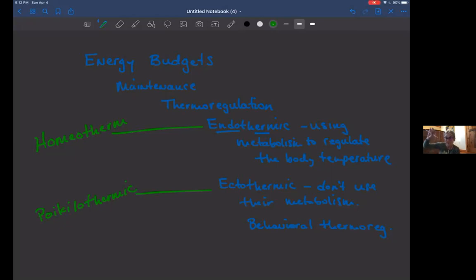So it allowed the expansion. But if you think about it, using your metabolic rate to regulate your body temperature is energetically expensive. So you have to think about it as cost versus benefit. And that is the idea of a budget, right? So what is the benefit you get from being able to regulate your body temperature? So this is just one thing that we use our energy for.